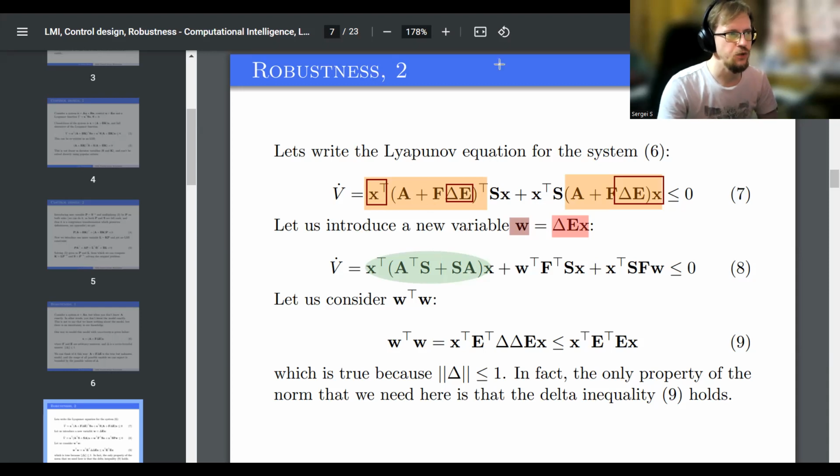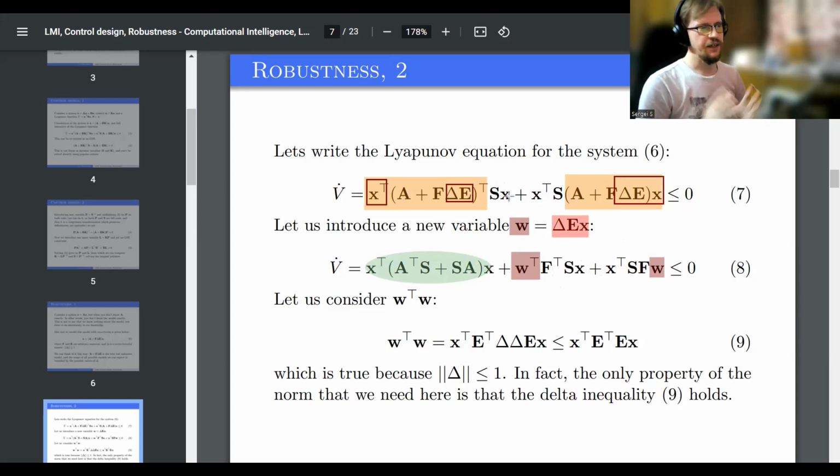But now we have this additional component that did change, and it has omega here and here, times F S X X S F.